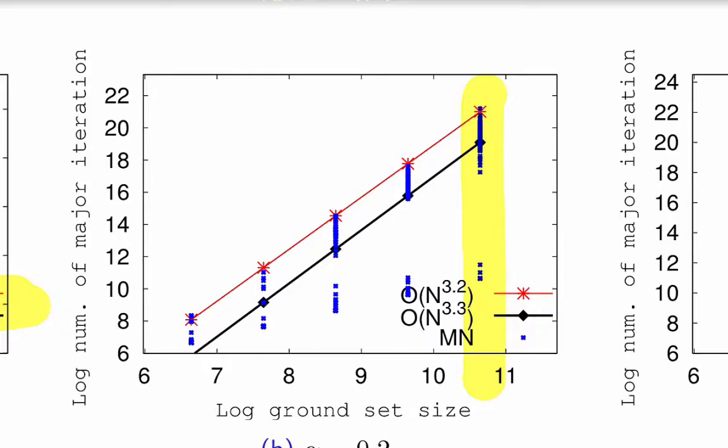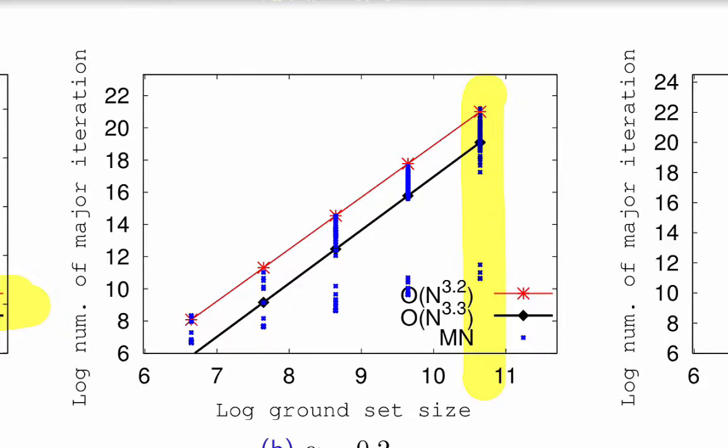Take the black line, which is the interpolation of the average points. That suggests that if each major iteration is n cubed, the min-norm algorithm runs as n to the 6, or n to the 6.3 or something, because we just add the powers.